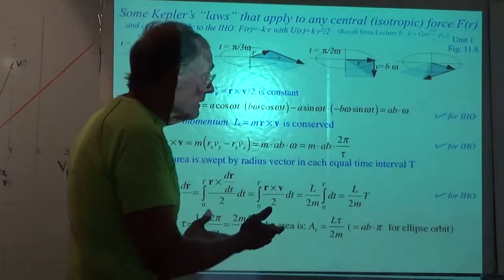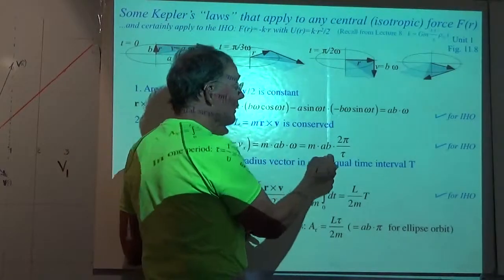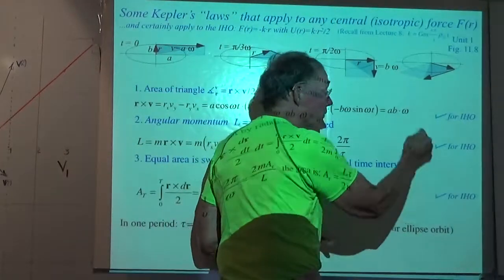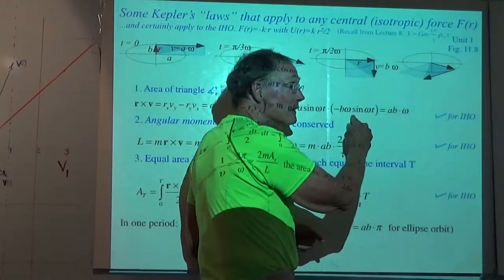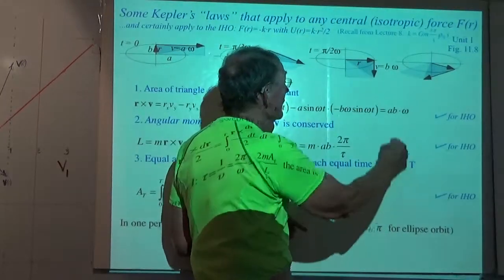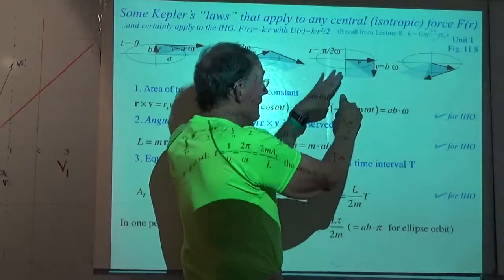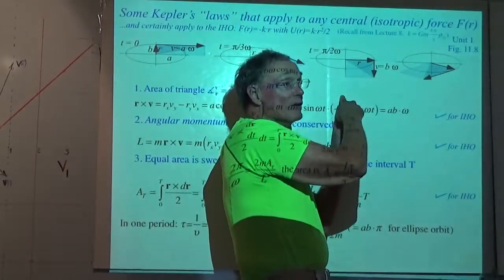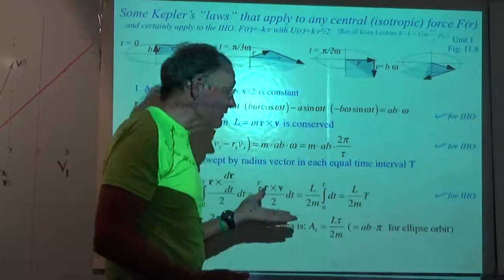Now, other objects that are not central forces are not likely to close like ellipses do. You're going to start out high and you may come right around and be low, but the area of that thing, whatever we're talking about here, is as exact for that.